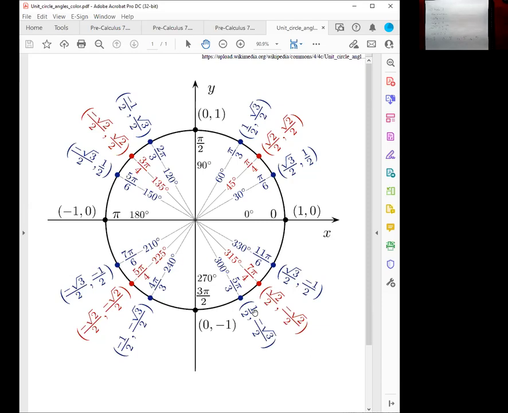So we need to condense them. Here's one of the answers, right? If I add pi, I'll hit this one.